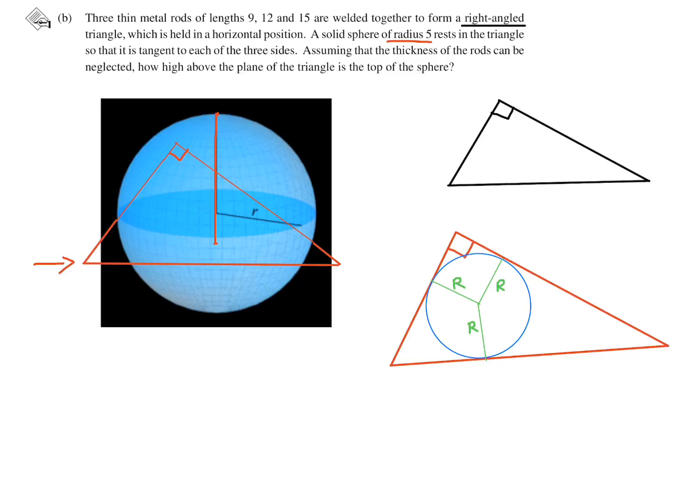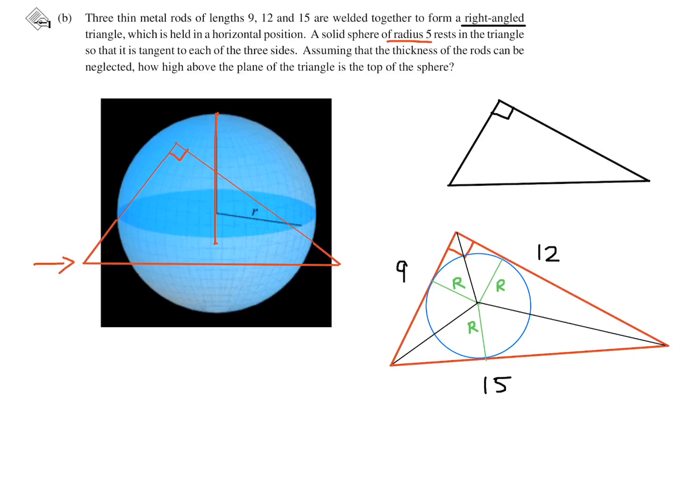The next few lines are basically from the center of the circle to the vertices of the triangle, like that. Okay? And then we start labeling what they gave us, the side lengths of that right triangle: 9, 12, and 15.